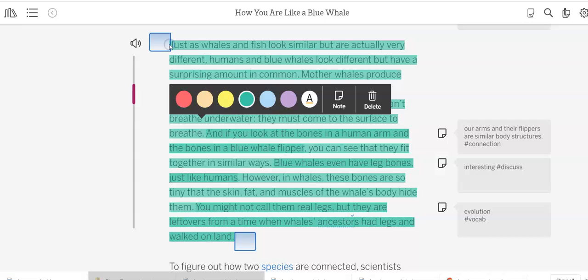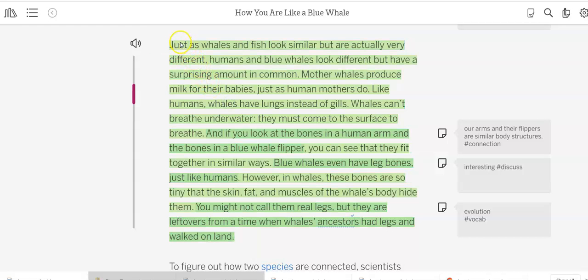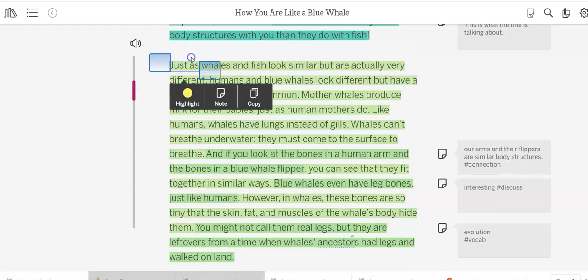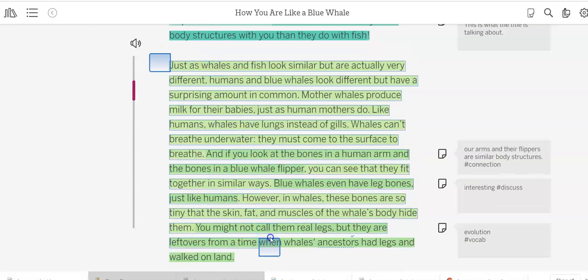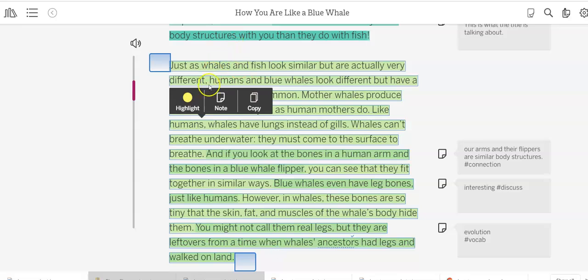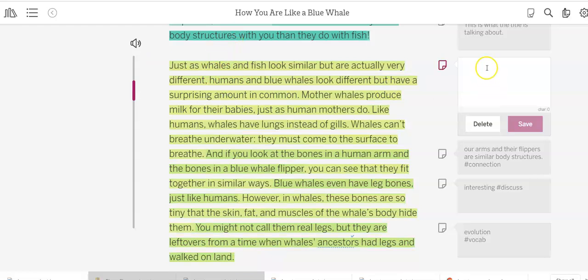Okay, so I obviously need some, oh, here we go. I'm going to highlight it in yellow. And then I want to make a note. And I'm going to put hashtag summary. And now I'm going to summarize this.